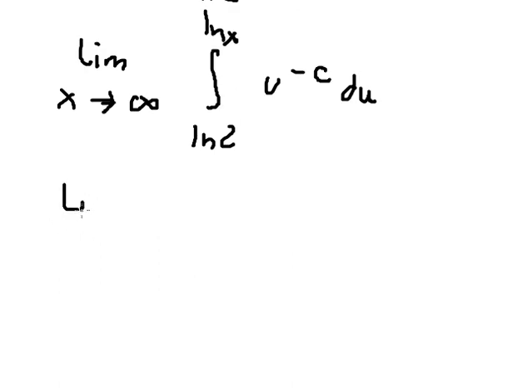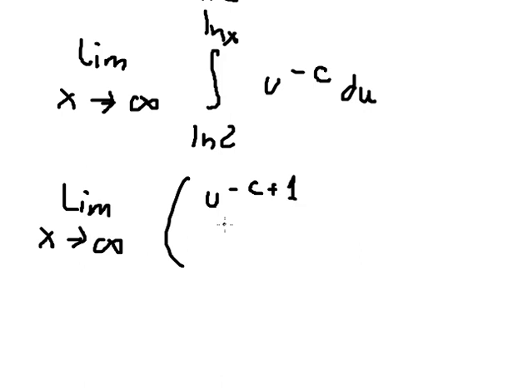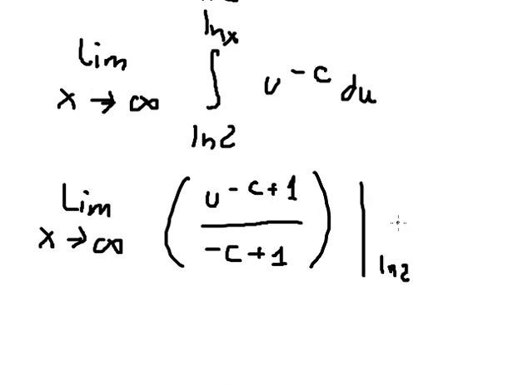So the integration of this one is u to the power of negative c plus 1, over negative c plus 1. And we put the bounds f(2) to f(s).